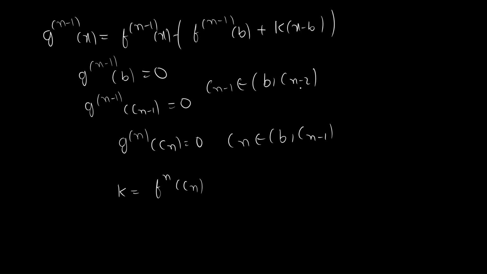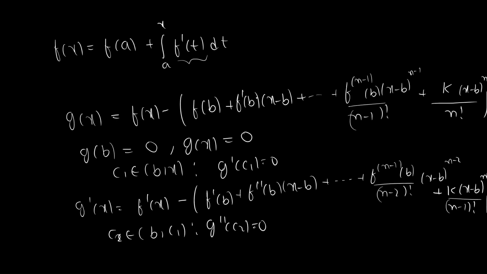Also, I wrote b comma c(n-2). This doesn't mean that b is less than c(n-2). Since the first point I took, which is x, is an arbitrary point, these points can lie anywhere.